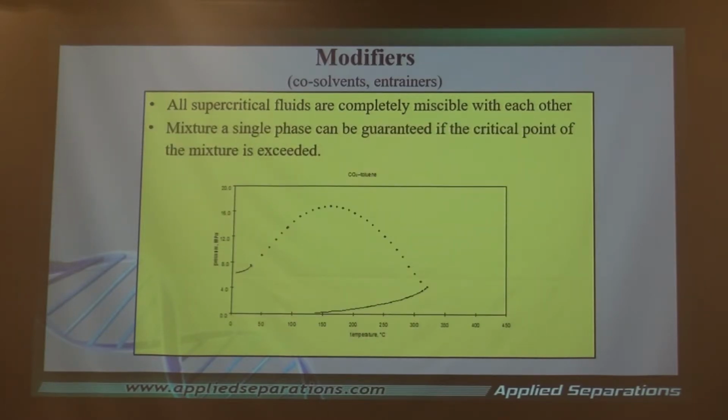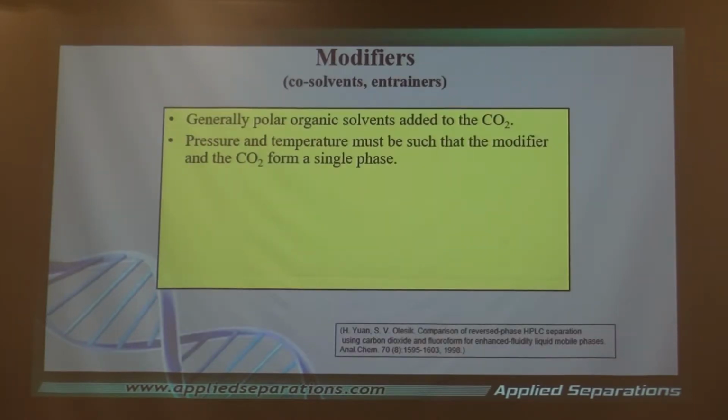Now, all supercritical, I'm going to go through some of this more quickly. Generally, we can add any kind of organic solvent into the CO2 and it will be completely miscible. The temperature and pressure must be such that we have a single phase, like I just pointed out.